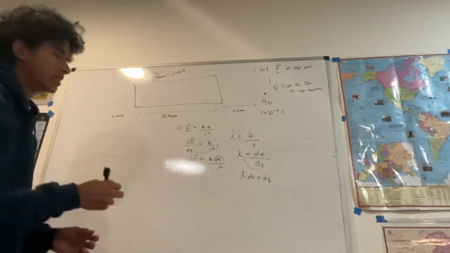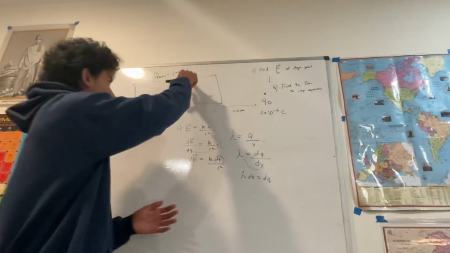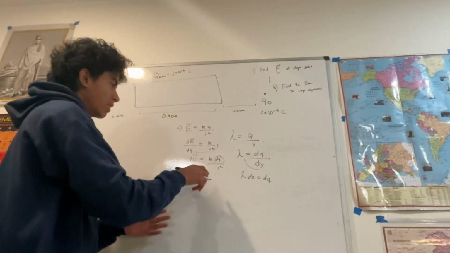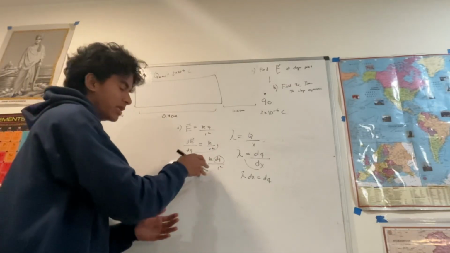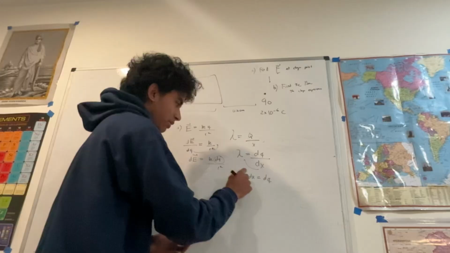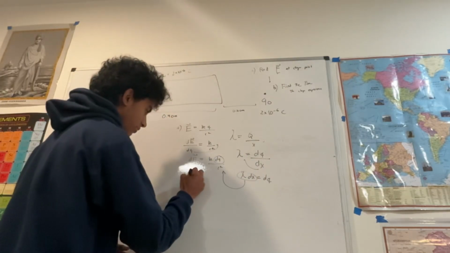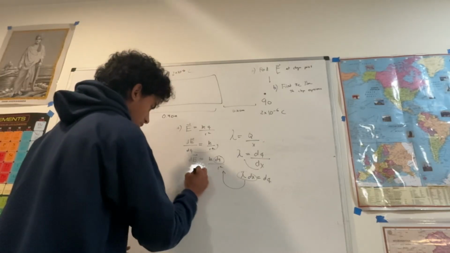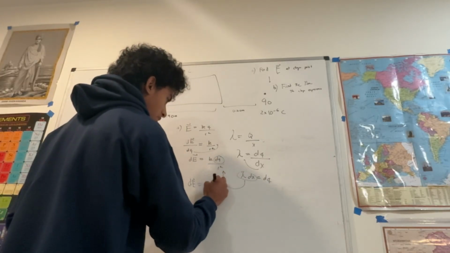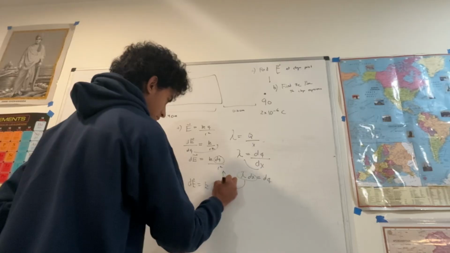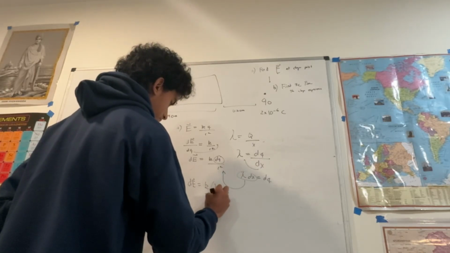So we need to use a charge density because we're given our charge and we're given our length, but we won't be able to figure that out just by the equation. So we make this substitution for dq. So you get that dE is equal to k times lambda dx over r squared.